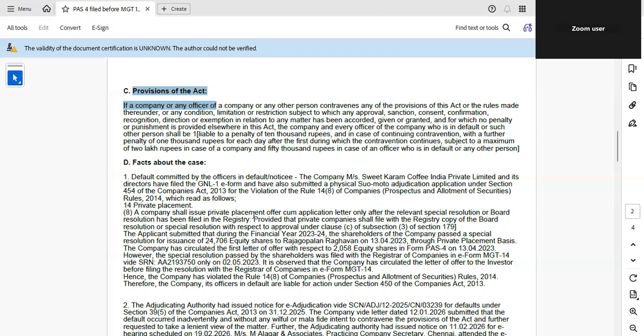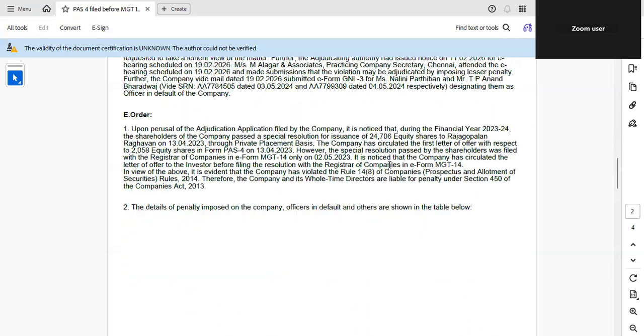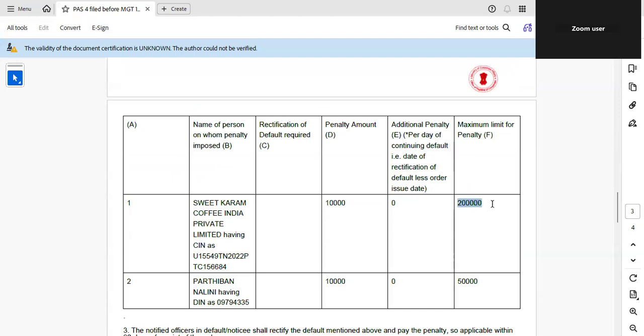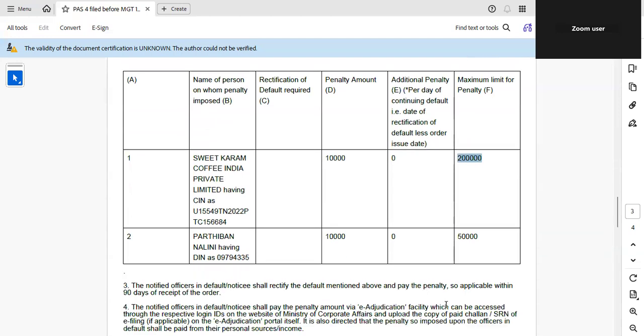Penalty imposed by ROC after examining the facts. The ROC imposed on the company 10,000 and on the officer in default 10,000. The maximum penalty limit mentioned in the Act for the company is up to 2 lakh, and for officer in default up to 50,000. But here imposed is 10,000 each.